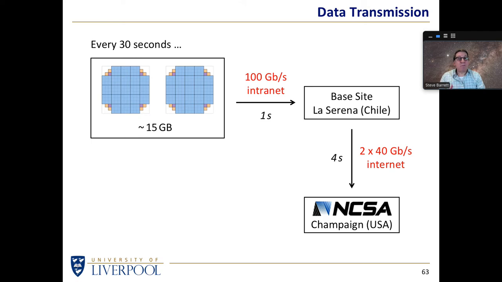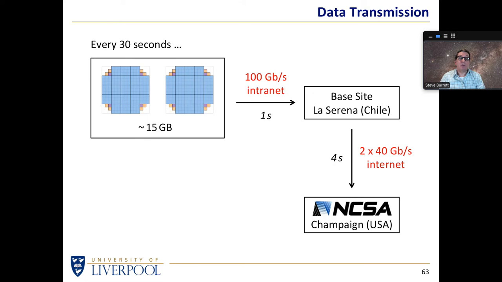You may ask, how do you possibly send 15 gigabytes over 4 seconds via the internet? Well, anybody can do that. If you've got optical fiber to your house, then that optical fiber can quite happily send data at very, very fast data rates. The reason you don't get anything like that, apart from the fact that you're not paying for it to your local internet service provider, the main reason you can't get these sorts of data rates is because the internet is chock full of YouTube videos flying backwards and forwards.